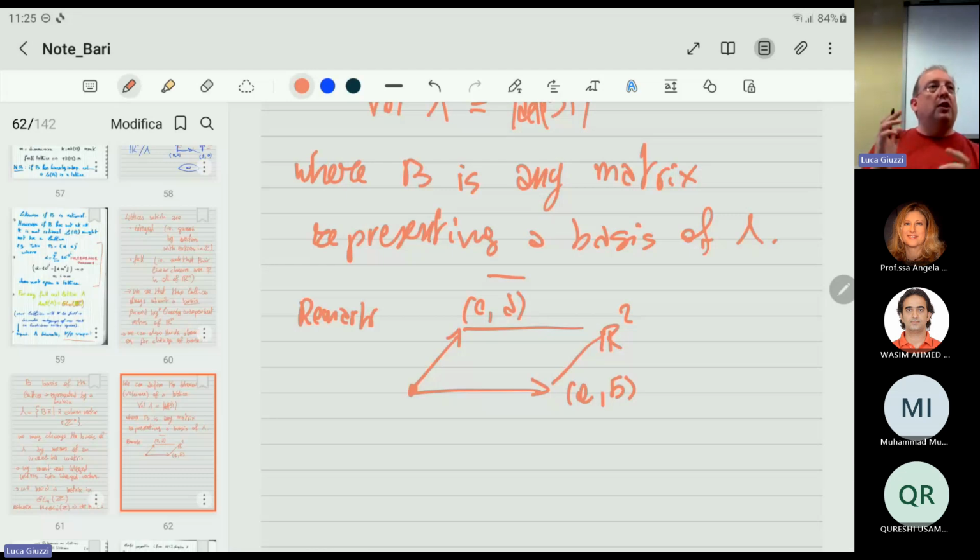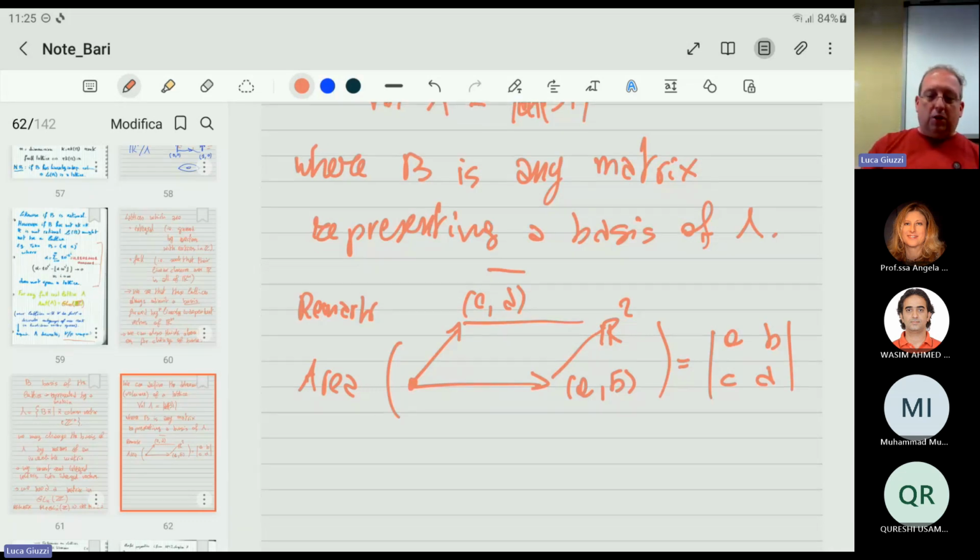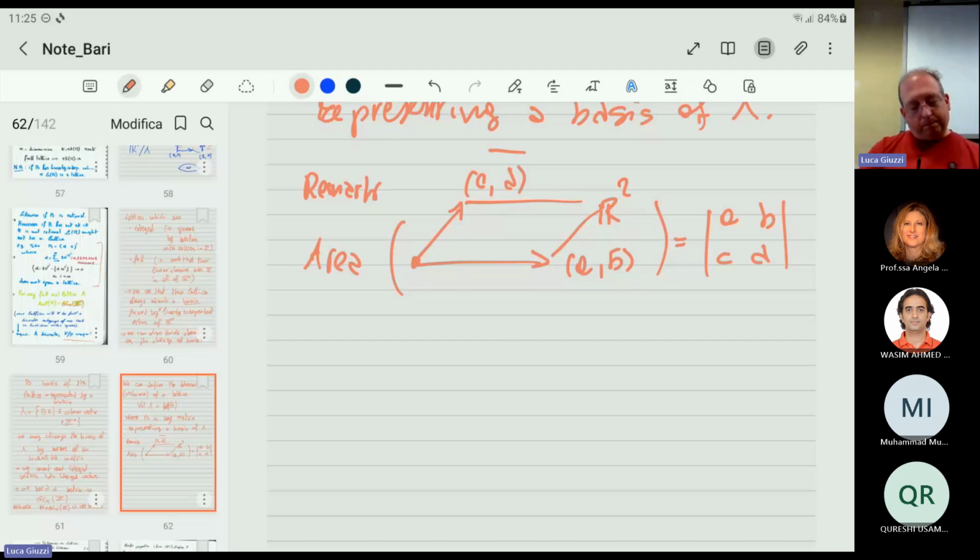And then you can see, using just the formulas from high school, that the area is exactly the determinant of ABCD, up to a factor. So, in a sense, the meaning of volume for that determinant is well posed, because it corresponds to the intuitive idea we have of area rather than volume in a Euclidean space.